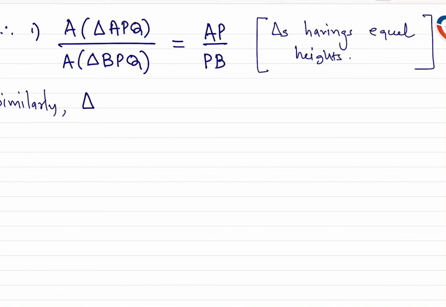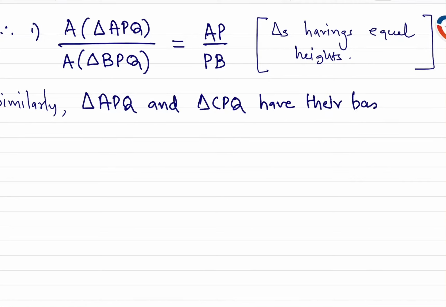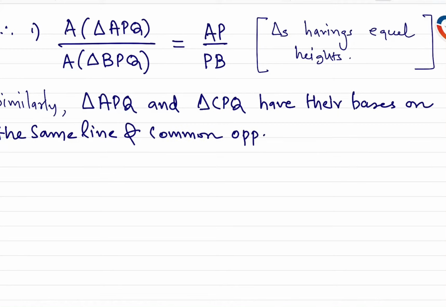which triangles are we talking about now? Triangle APQ and triangle CPQ have their bases on the same line and common opposite vertex P, right? So again the heights are equal.